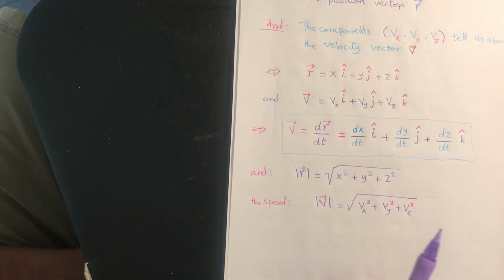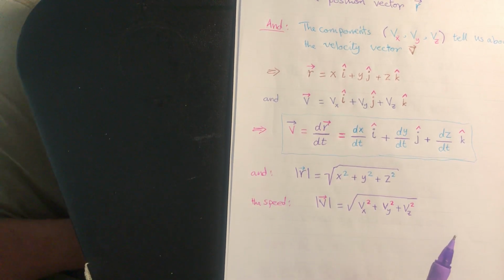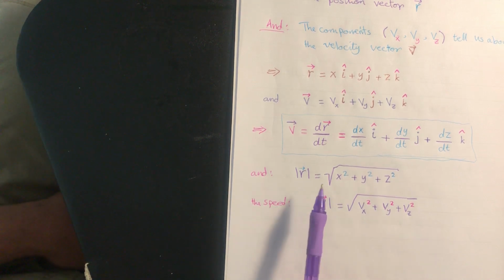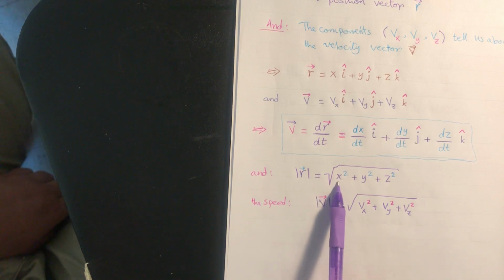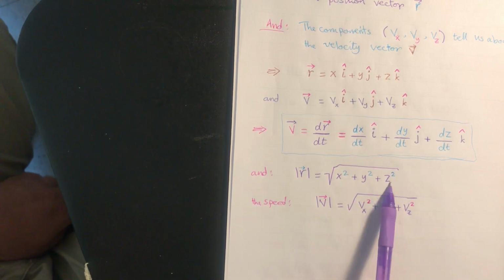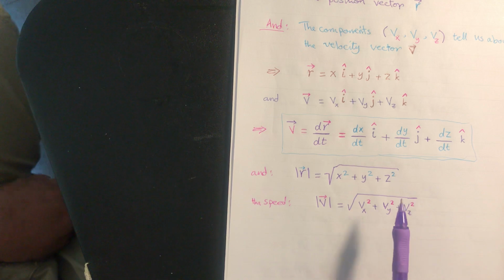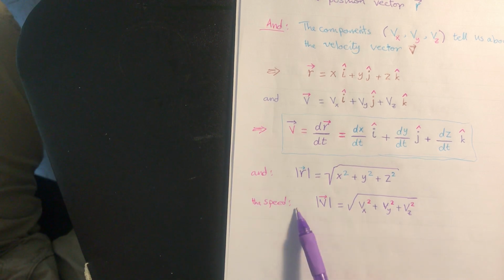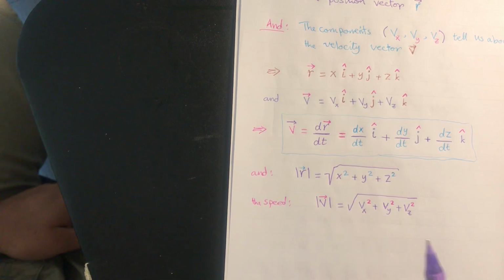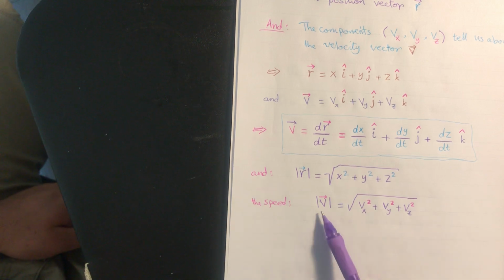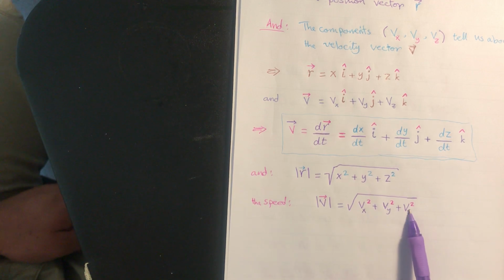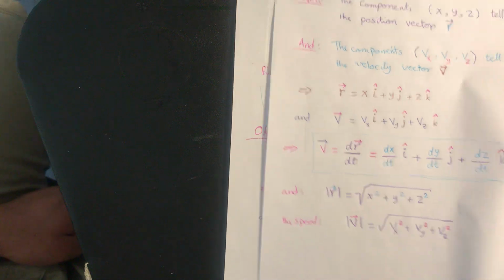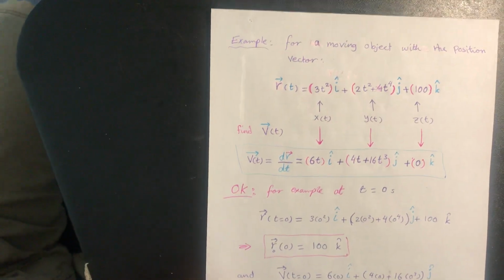And the magnitude of each vector, as we know using the Pythagorean theorem: the length of the position vector is the square root of x squared plus y squared plus z squared. And the speed, which has no direction, the magnitude or norm of the velocity, is the square root of vx squared plus vy squared plus vz squared. Now we need to look at this example.